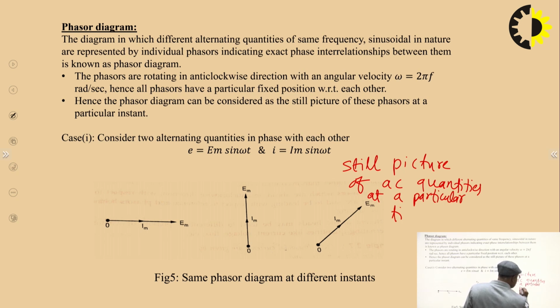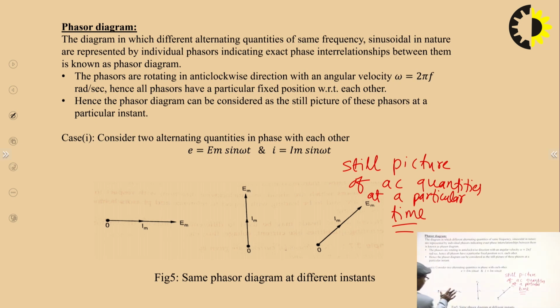Suppose we are considering two AC quantities, current and voltage. The phasor diagram is represented by the location of these AC quantities when considered at a particular time, or suppose a photograph of the phasor quantities is taken at a particular instant.